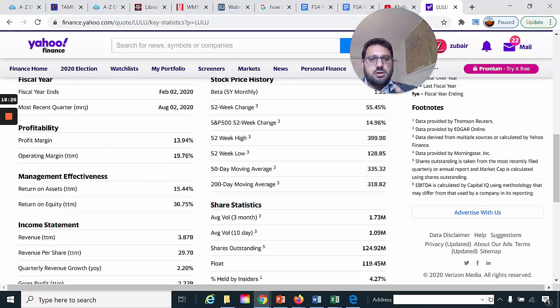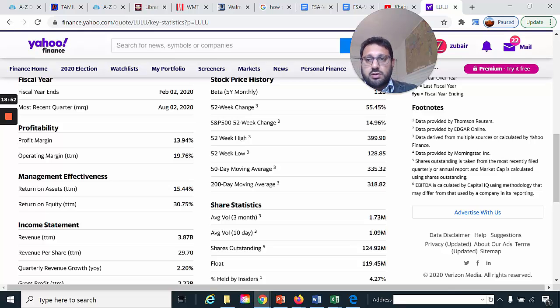So obviously there have been new operational activities conducted by Lululemon, and they have issued two quarterly statements in between. Using those two quarterly statements, these numbers are calculated and given on Yahoo Finance for Lululemon.